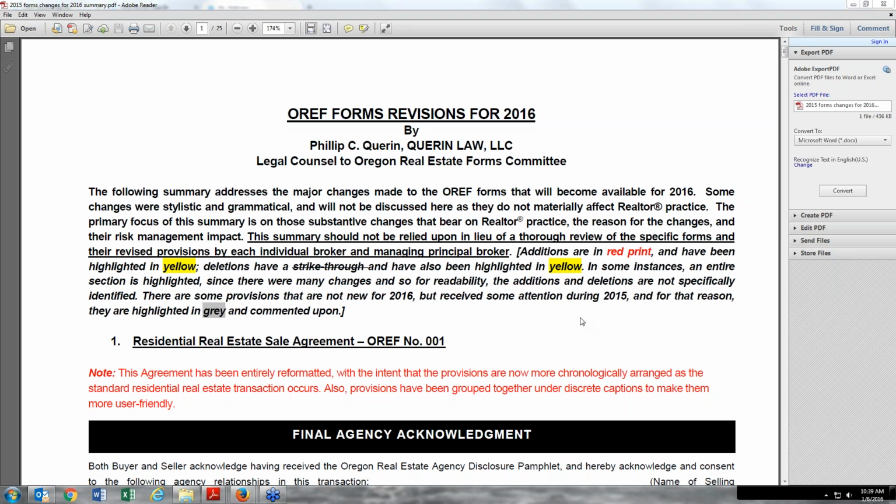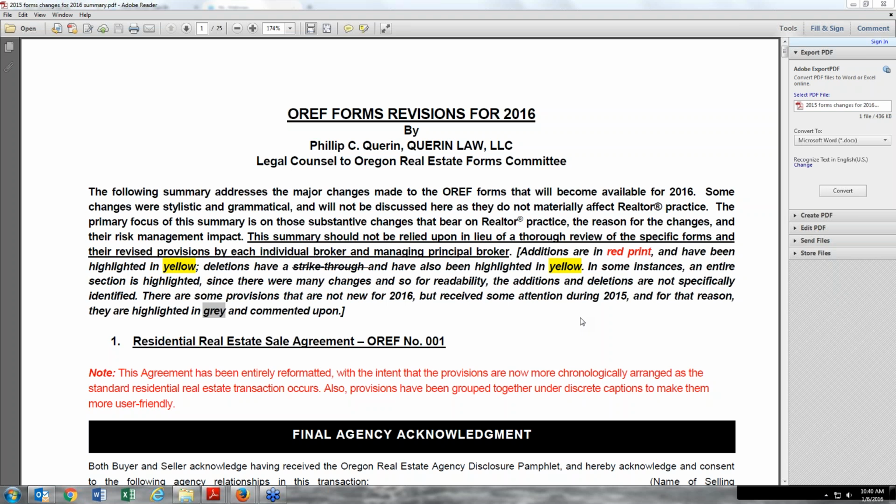And then I couldn't resist the temptation to address in gray not new material, but material that I regard from last year as being problematic, where there was confusion or need of clarification. So with that, let's take a look at the sale agreement.